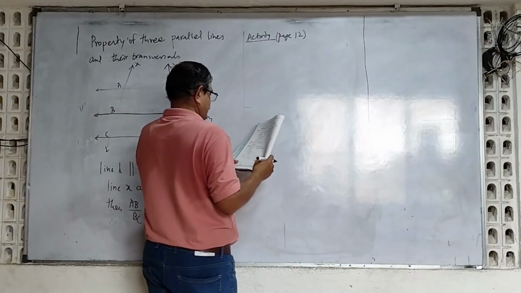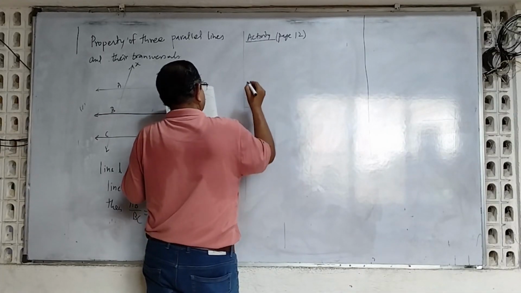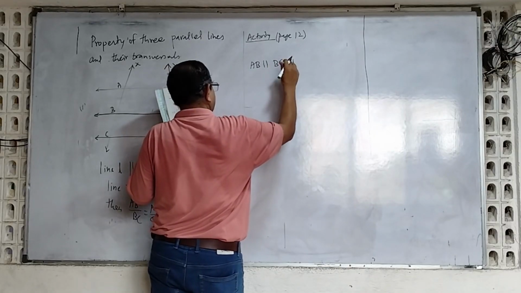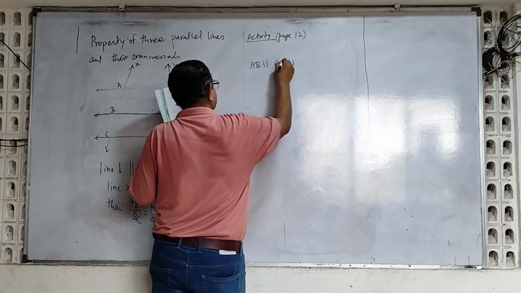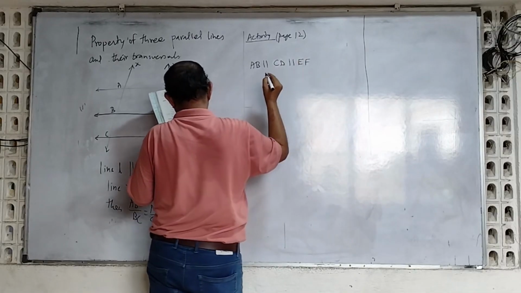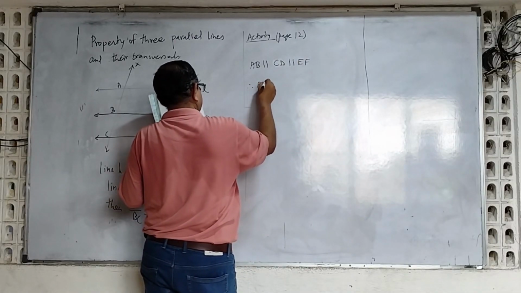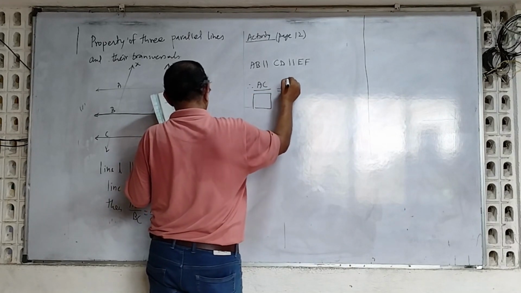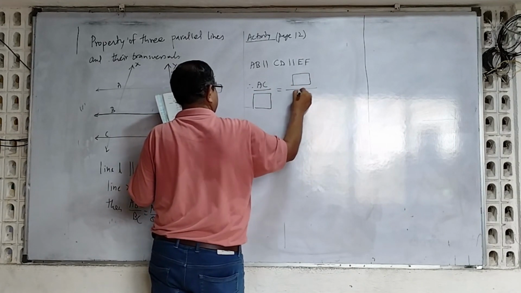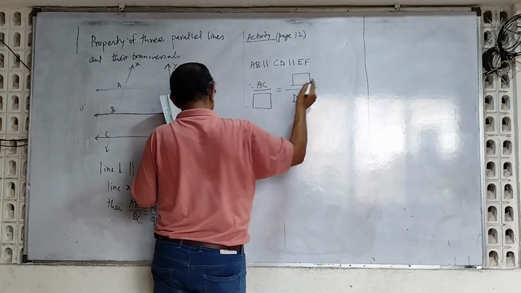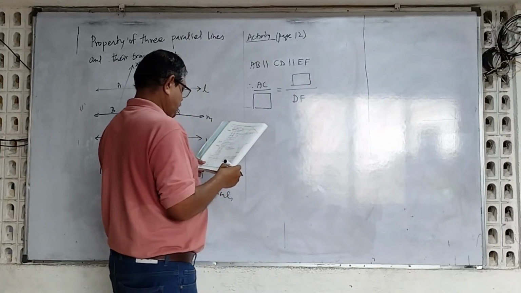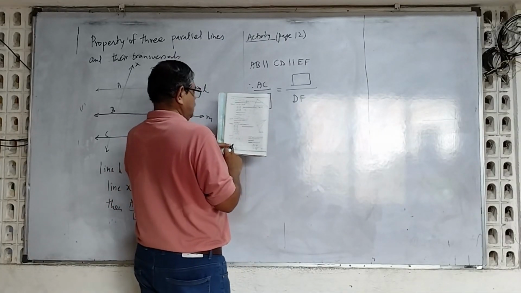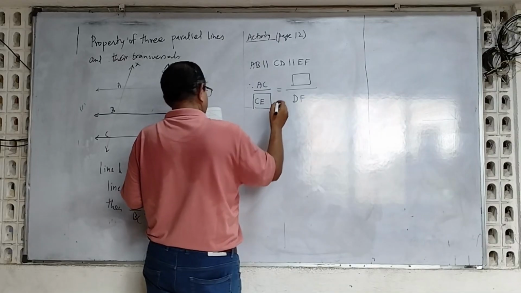So AB parallel CD parallel EF, and therefore we get AC upon CE is equal to BD upon DF.